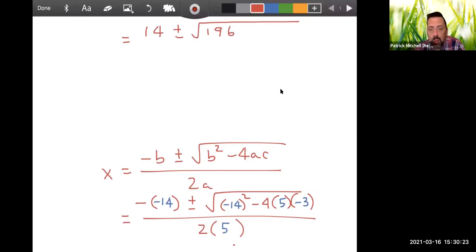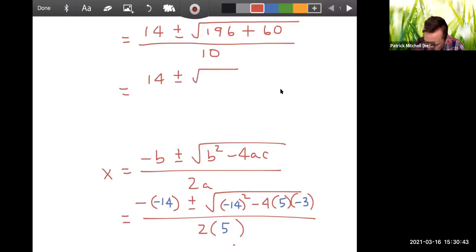And then we have minus 4 times 5 times negative 3. So that's the same thing as plus 4 times 5 times 3, which is 60, all over 10, right? All right, and now 196 plus 60 is 256.